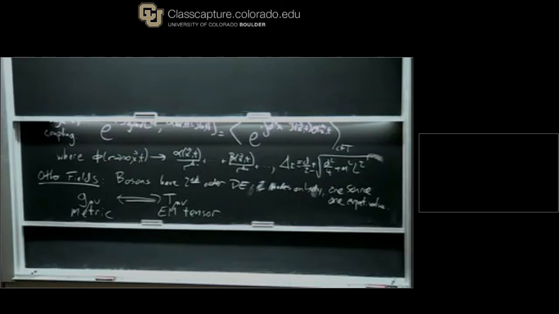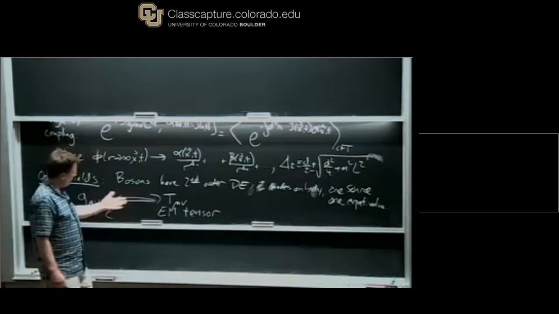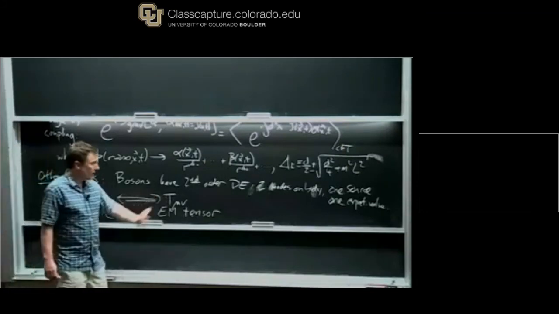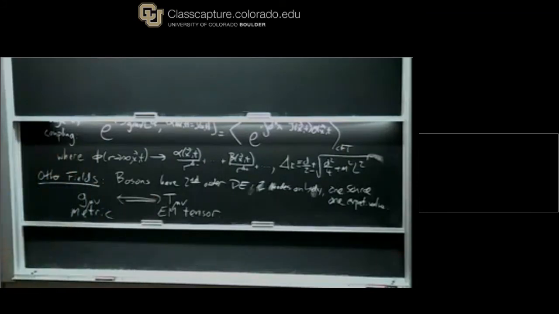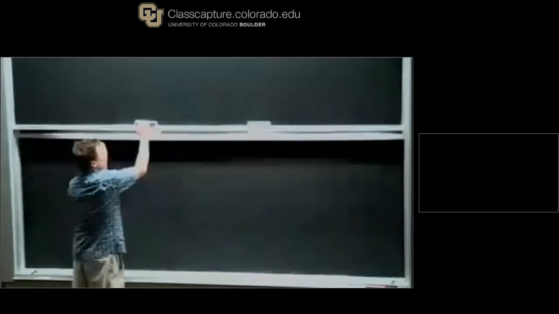The source for the energy momentum tensor looks like a four-dimensional metric. One definition of the energy momentum tensor is that it's the thing that you get by varying the metric. So that works in this correspondence: the appropriate components of the higher dimensional metric become the source for the energy momentum tensor in the field theory. So that's one of the bosonic fields that I wanted to mention.